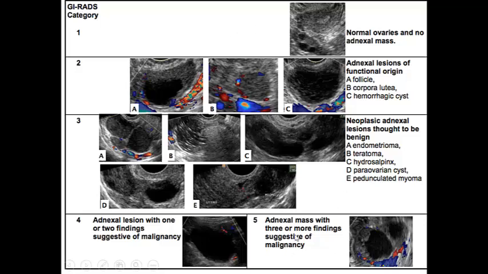All these are findings related to the primary tumor present, and sometimes we have secondary signs which ensure that it is a malignant lesion, like the presence of ascites or implants present. So this is the category system of ovarian lesions.